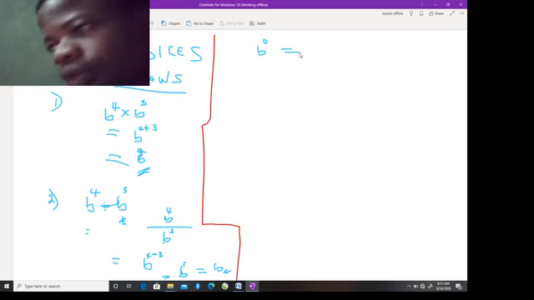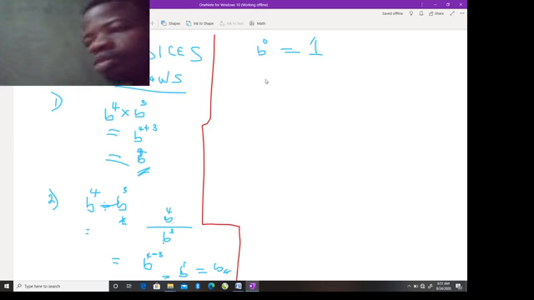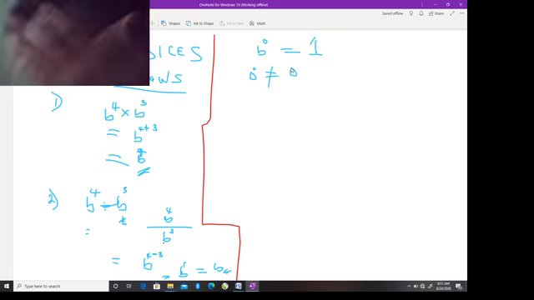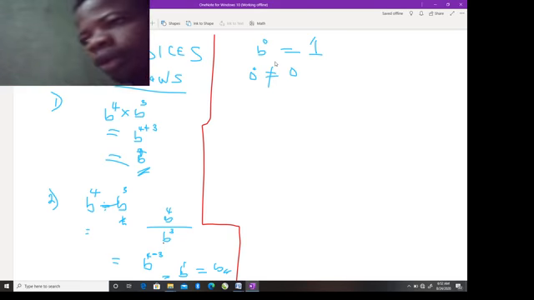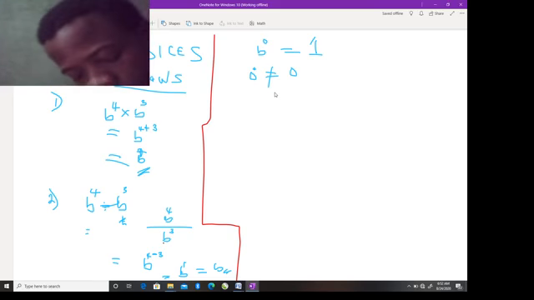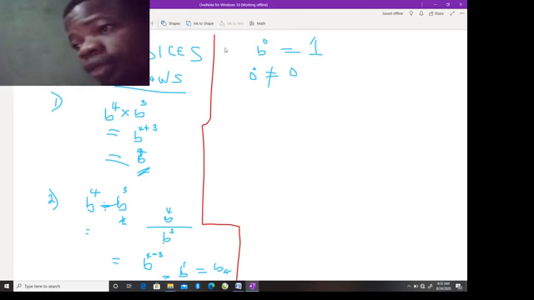What does this give you? It gives you 1. So b stands for any number with the exception of 0. Zero raised to power 0 is not 1. So it only goes for every other number with the exception of 0. That is another rule as stated there.